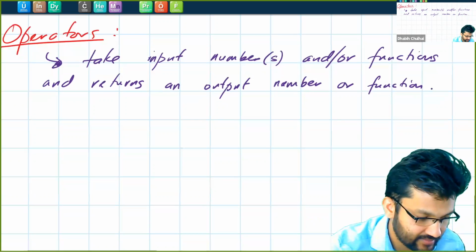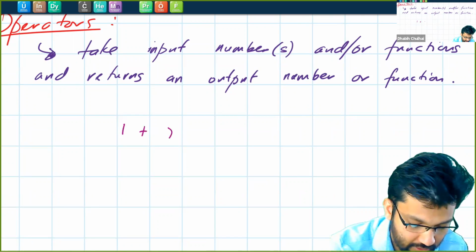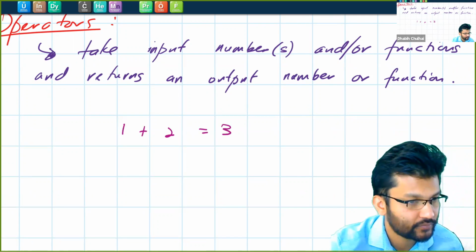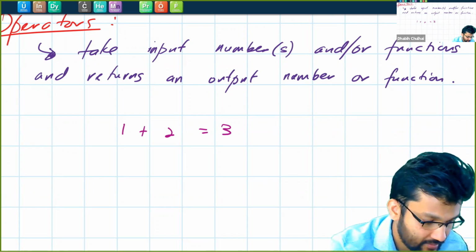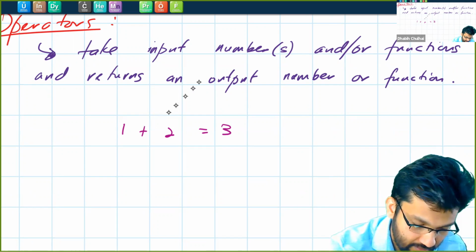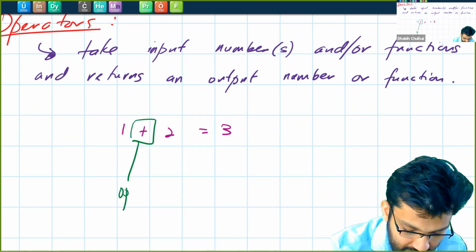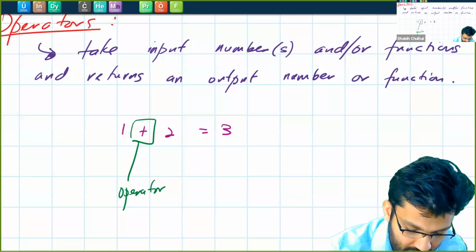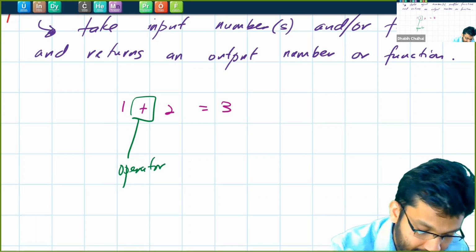So I think your textbook has some very simple example. Let's look at the operation 1 plus 2 equals 3. Right? This here, right there, this is the operator. And really it's the addition operator. So, I mean, we know that, right?